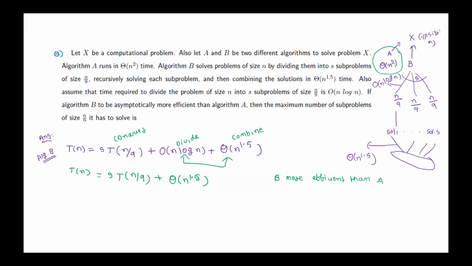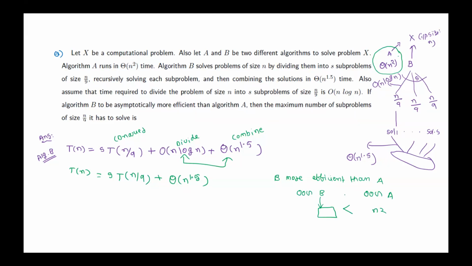That means what is the time for B? Definitely the order of growth of B and the order of growth of A. This is n squared. That means it should be strictly less than n squared, no? Is that correct?